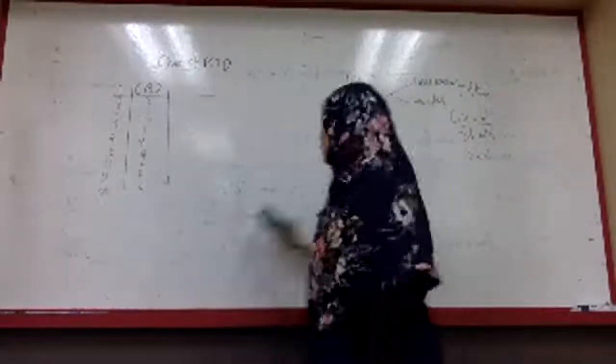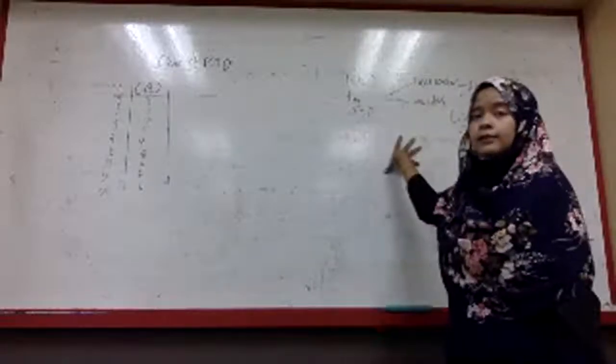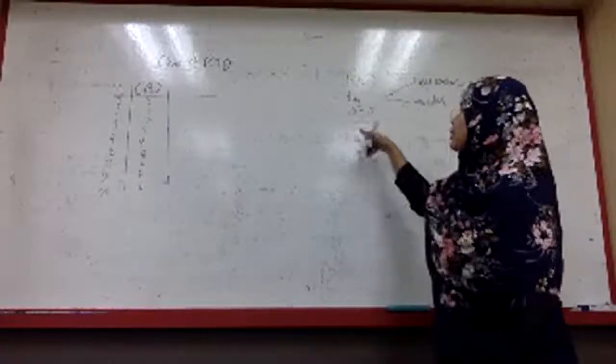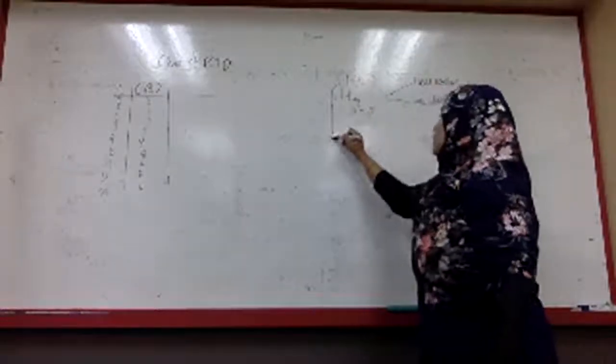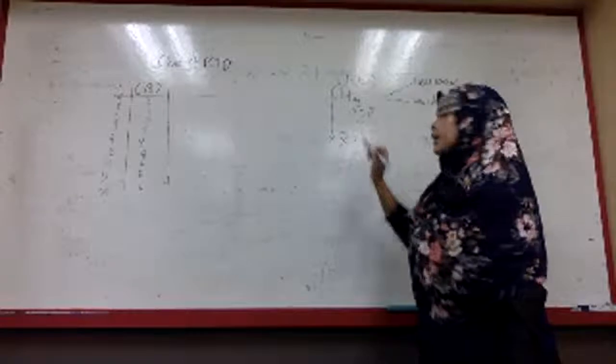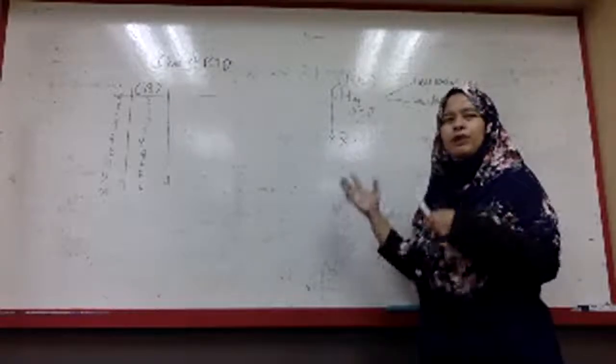Okay, so itu the first part, right? And then how we can proceed from having PM and ET into calculating your X bar, the mean conversion?